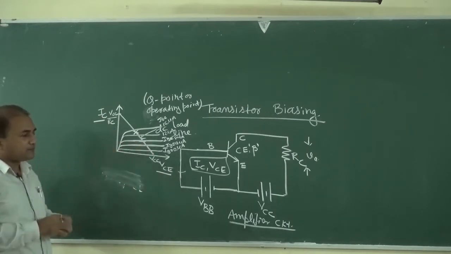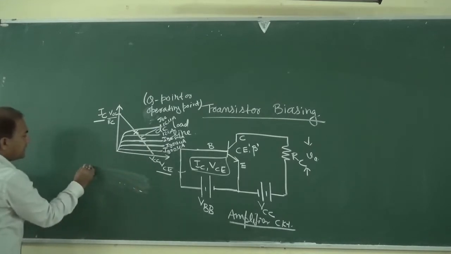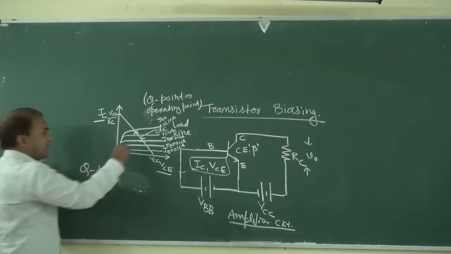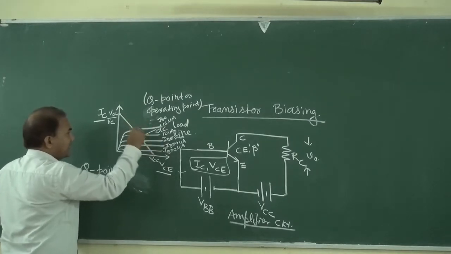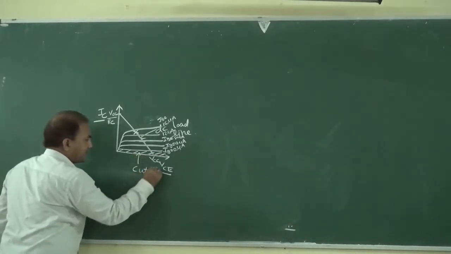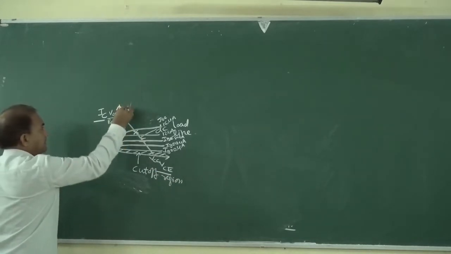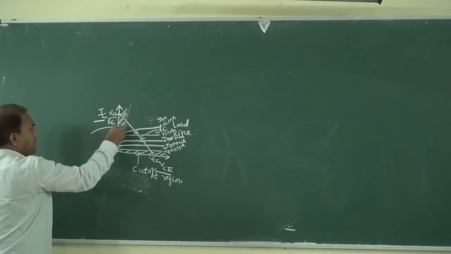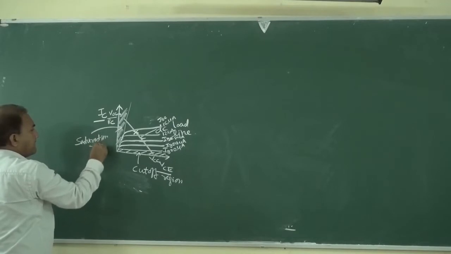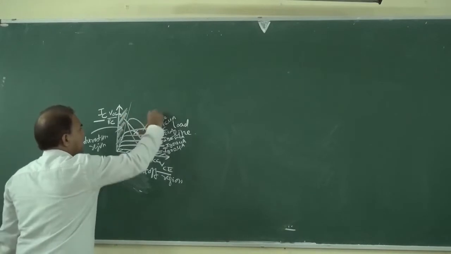For any amplifier circuit, first of all we have to determine the Q point or operating point. The Q point should generally lie in the middle of the active region. This is the cut off region, this is the saturation region, and this is your active region.